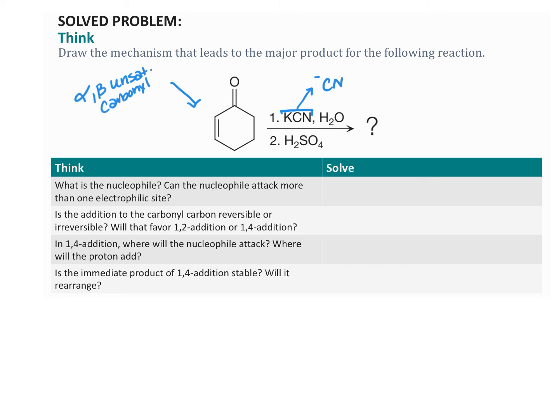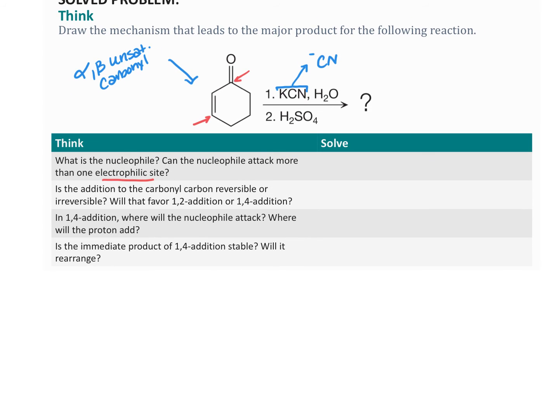Well, the ketone is alpha-beta unsaturated, so it can either attack that carbonyl, that partially positive carbon, or the beta carbon, depending on whether it's a 1,2 addition or a 1,4 addition. So then the next thing that should pop into your head is, okay, is this going to be reversible or irreversible? So when I go back and look at the table, where does this fall?